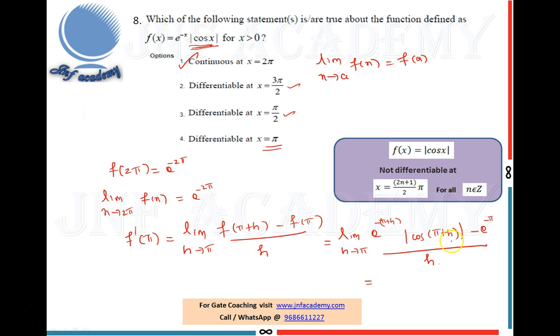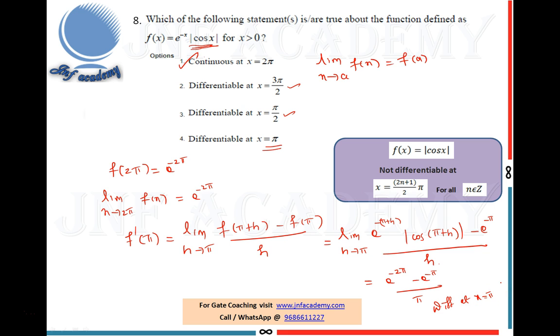Finally I get the value in terms of e power minus 2 pi and e power minus pi. The limit exists, and the left hand limit and right hand limit are equal. So this function is differentiable at x equal to pi.